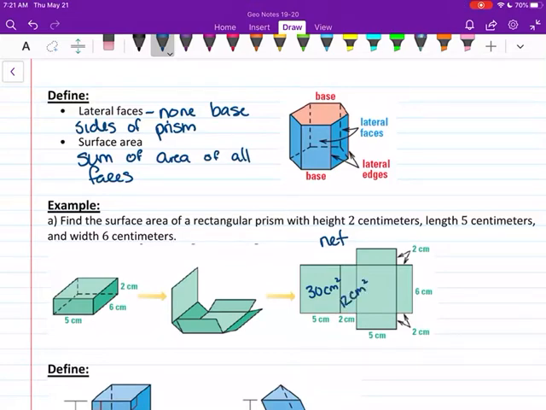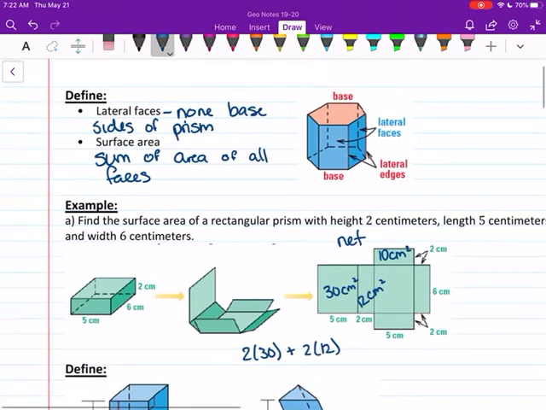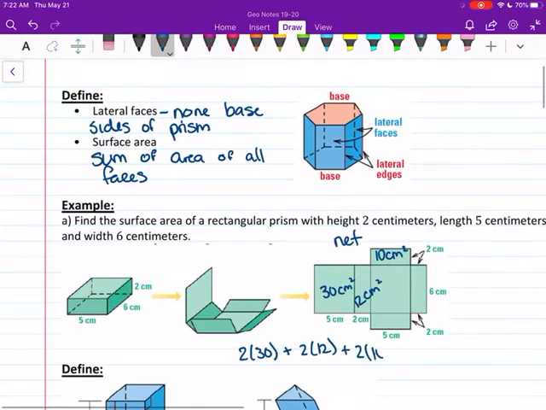And then we have the front and the back, which are both going to be 5 by 2. So those are 10 centimeters squared. And since I have 2 of each of those, I have 2 times 30 plus 2 times 12 plus 2 times 10, which is going to give me a total of 104 square centimeters. Okay, so that's my surface area.